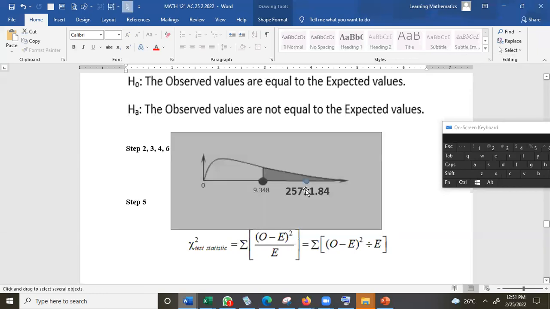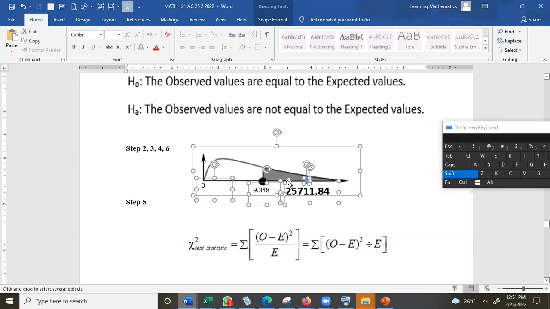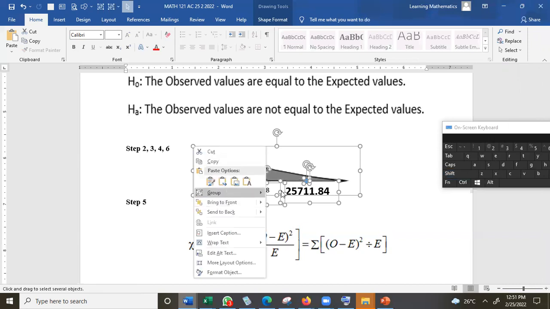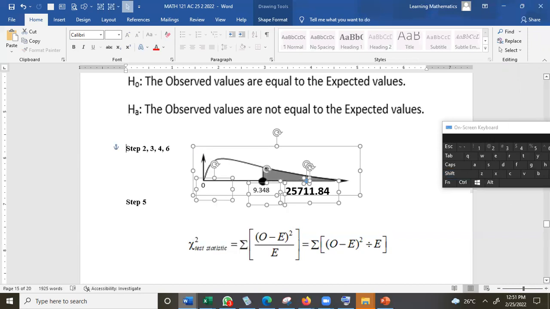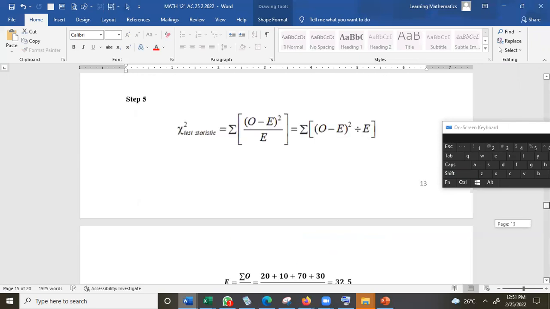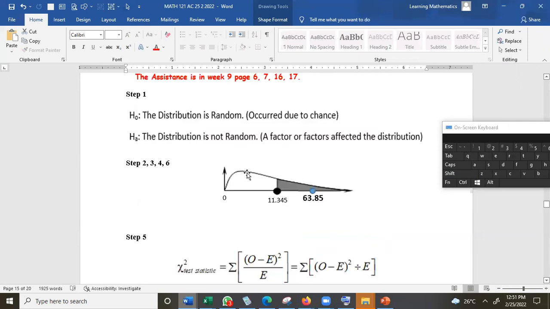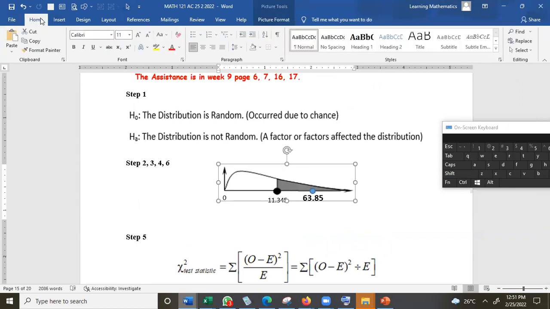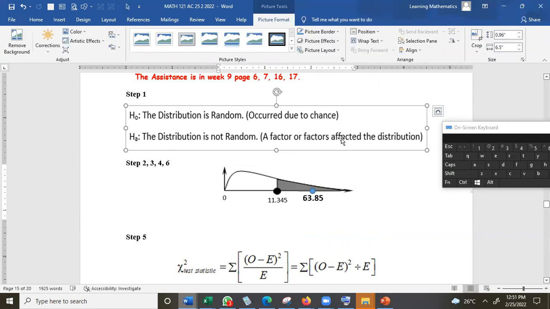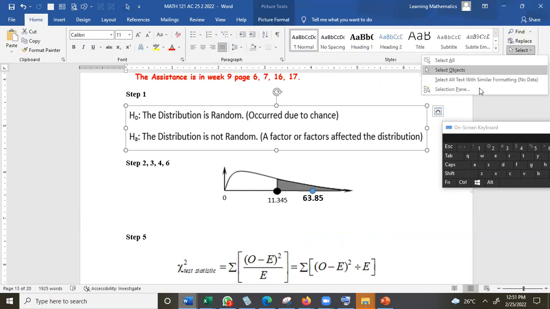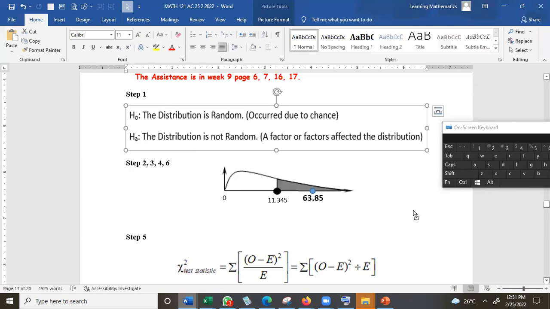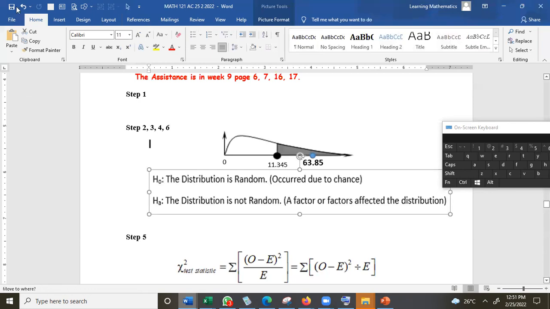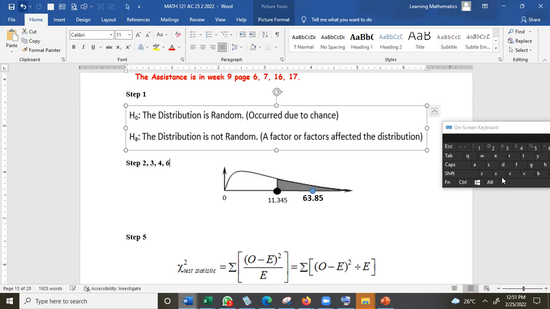So again, our test statistic is in the critical region. So when this happens, we have to reject the null. So I'm just grouping this up there just to show you how it can be done. So you can do that on your own time.